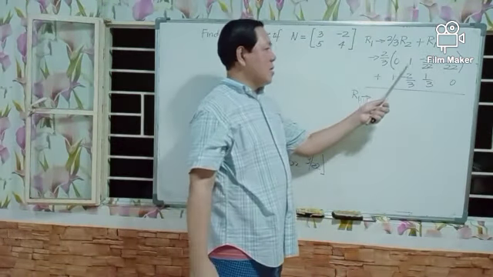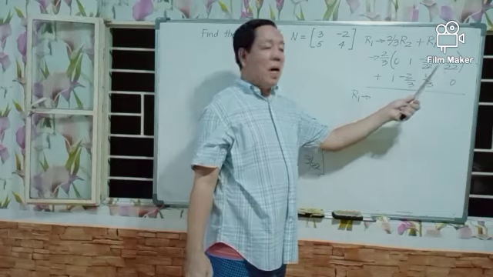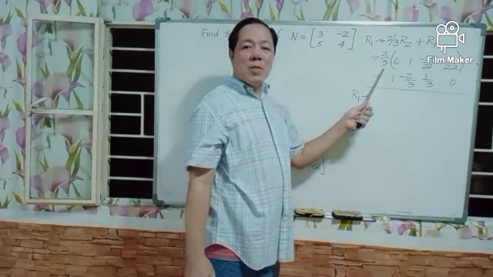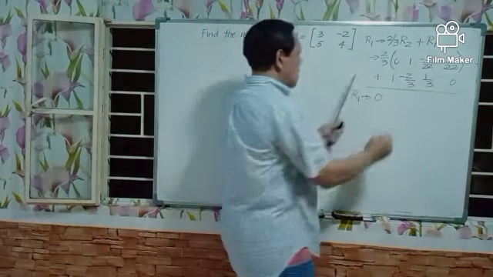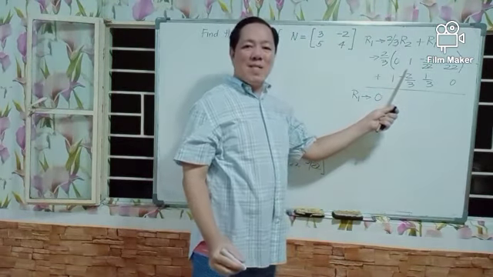We multiply each entry of row 2 by 2/3. 2/3 multiplied by 0 is 0. 2/3 multiplied by 1 is 2/3.